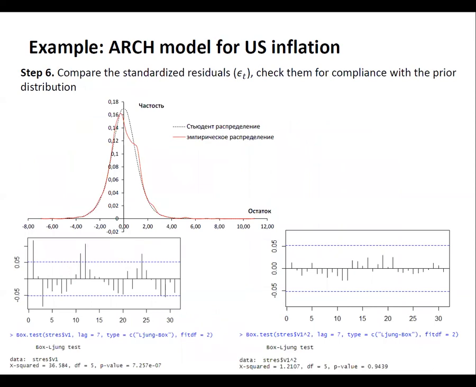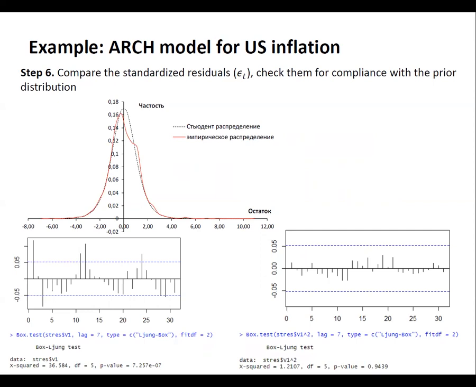At step 6, we are already comparing the standardized residuals of ARMA11 plus ARCH11 with Student's distribution. And we see that the empirical distribution is quite close to the Student distribution. Although, again, there are some empirical effects that we could not accurately take into account.